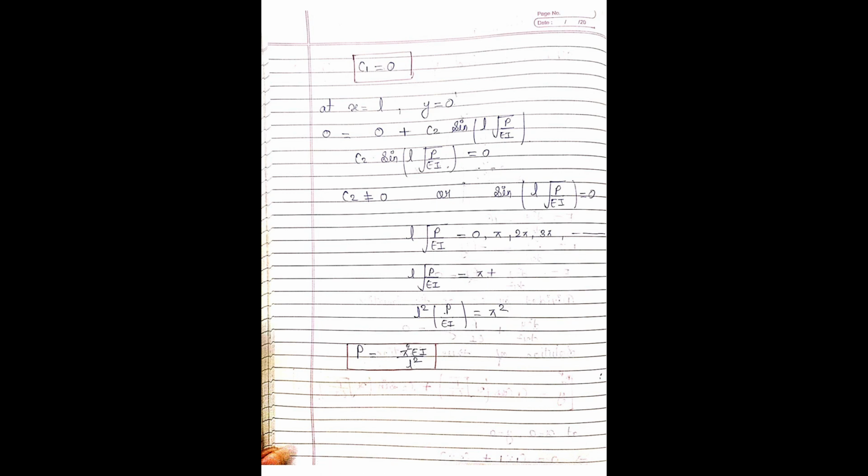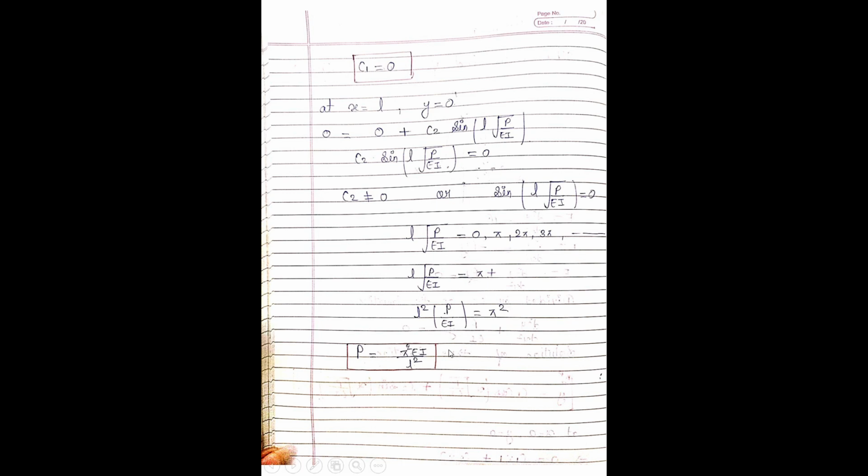Okay, so this is the buckling load for a column whose both ends are hinged. E is the modulus of elasticity of the column material, I is the moment of inertia, and this is the least moment of inertia, meaning the minimum of Ixx and Iyy we take as I, and L is the distance between both ends of the column.